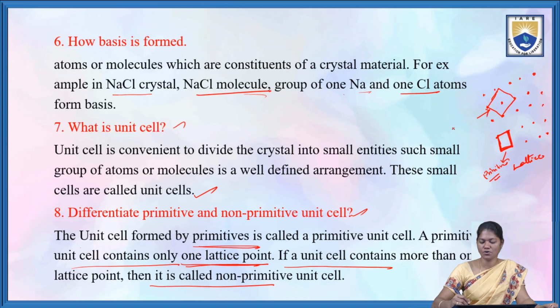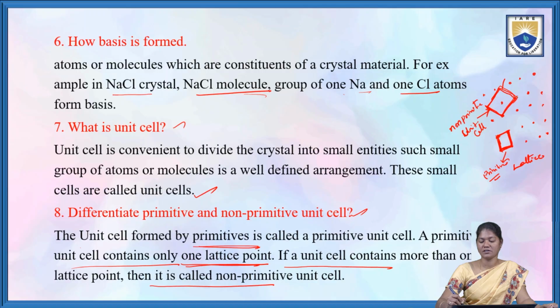So this is not primitive. As this is formed, this unit cell is formed by only one lattice point, whereas in this unit cell, it is formed with two lattice points.